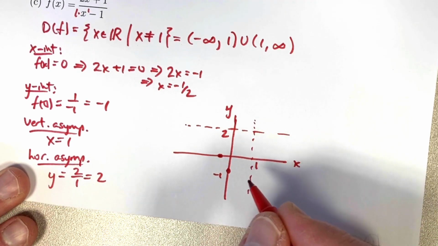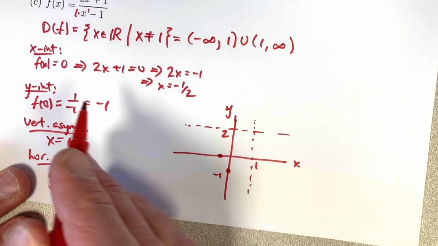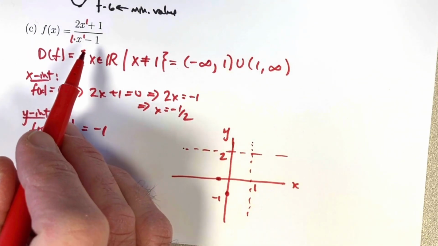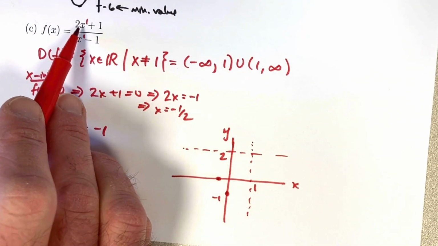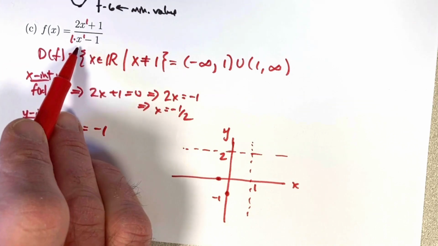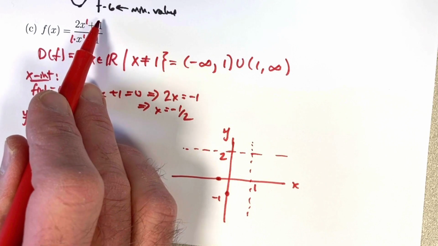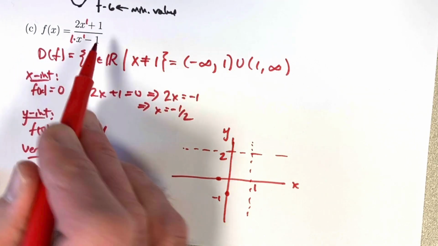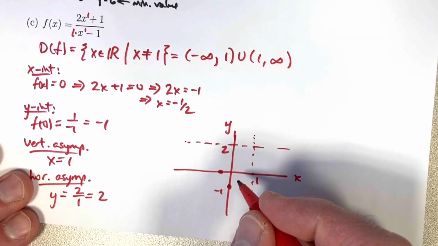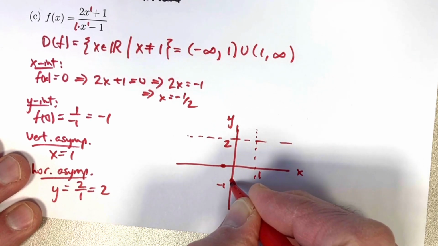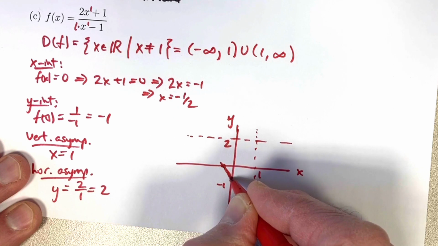And if you think about what happens as x approaches positive 1 through values just barely less than positive 1, like 0.9, 2 times 0.9 plus 1 is positive, 0.9 minus 1 is negative, and close to 0. You get positive numbers divided by very small negative numbers, making this fraction a very large negative number. You are going off to minus infinity there, which makes sense. It's consistent with these points.